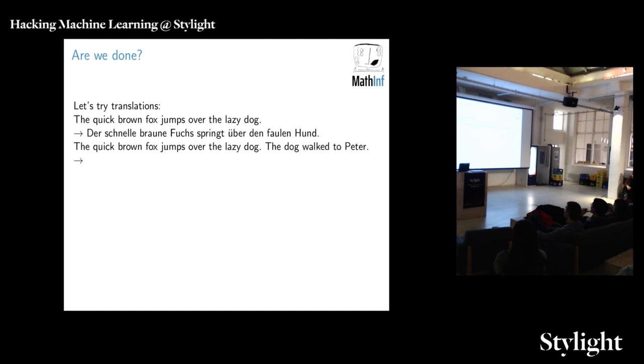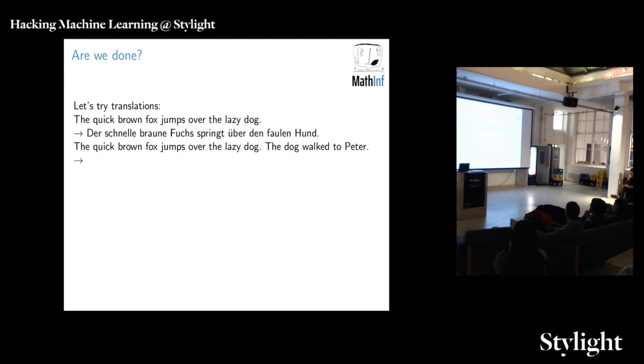Great. So what do you think this will be translated to? Any ideas? So I'll give you a hint. It starts with der schnelle braune Fuchs springt über den faulen Hund. And then what will happen? What do you think?